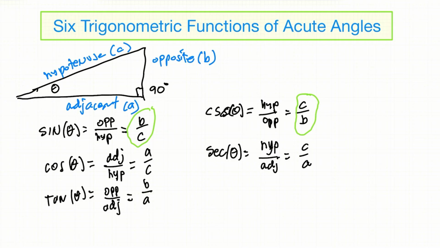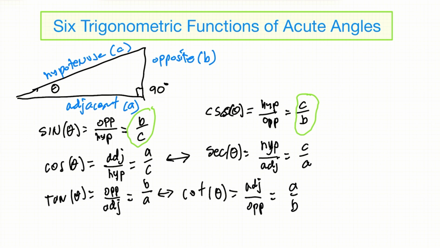And we can see also that this is just the reciprocal of the cosine. Now the cotangent, as you're probably going to guess, is the reciprocal of the tangent function, so that's the adjacent divided by the opposite. That's the ratio of a over b, which is just the reciprocal of b over a for the tangent. So there are our 6 basic trigonometric functions relative to a right triangle.